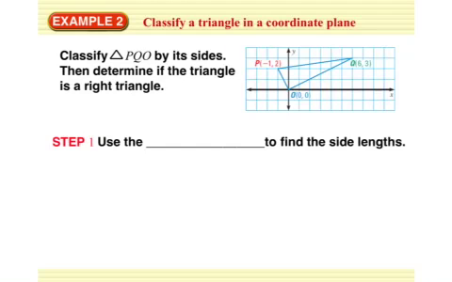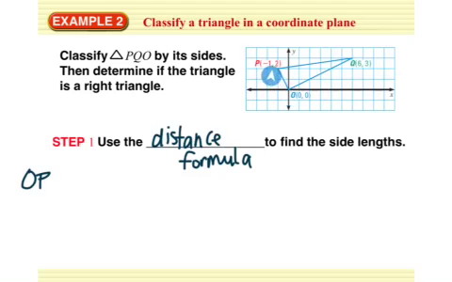Classifying a triangle using the coordinate plane, we have to use the distance formula to find the side lengths. So using the distance formula, you can calculate the length of OP. OP is this side right here. We're finding the distance between the points 0, 0 and negative 1, 2.